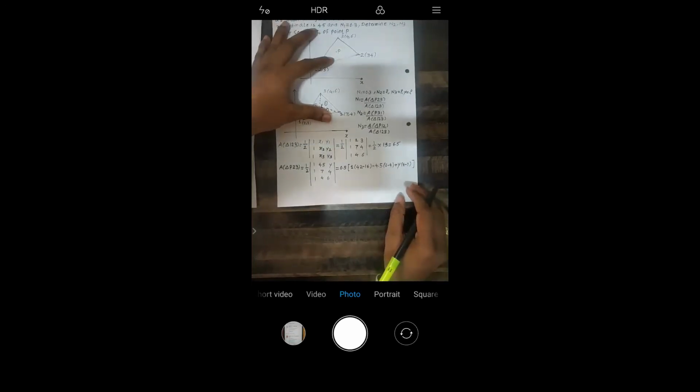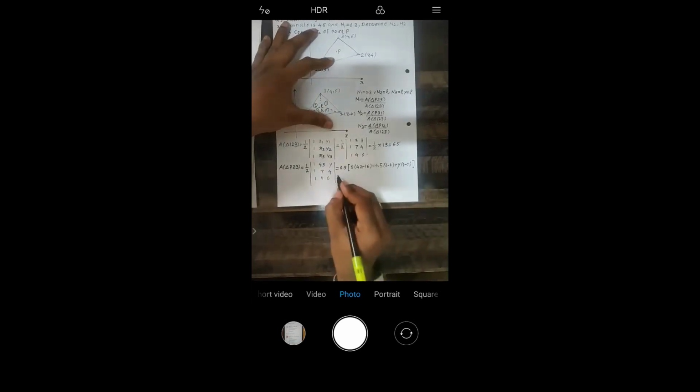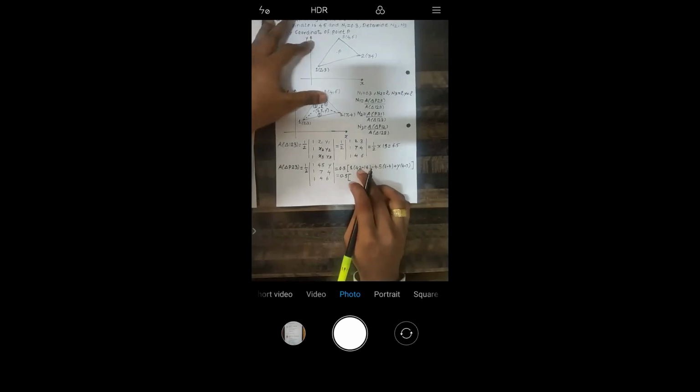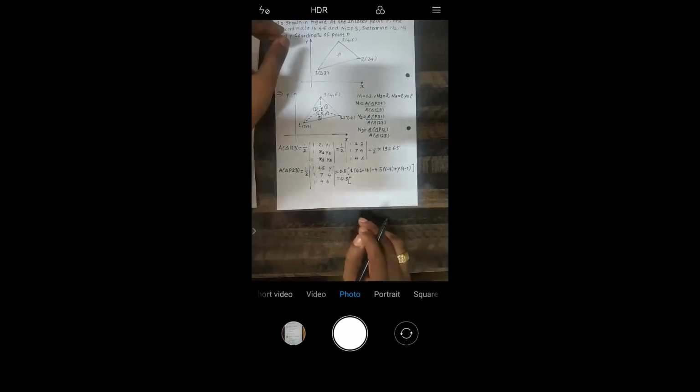Is it okay with this one? Yes or no? Let me know. So tell me, what is 42 minus 16? 26.